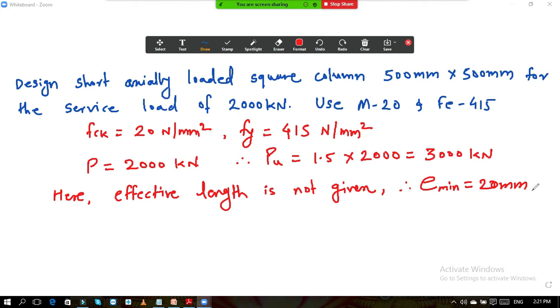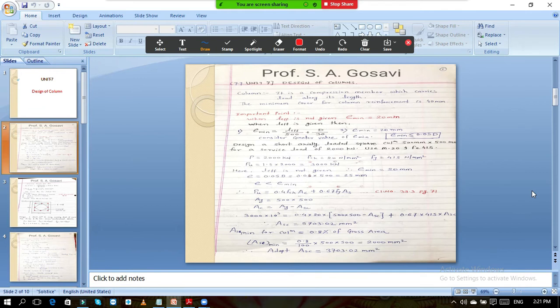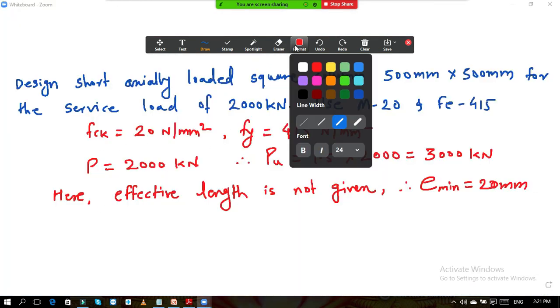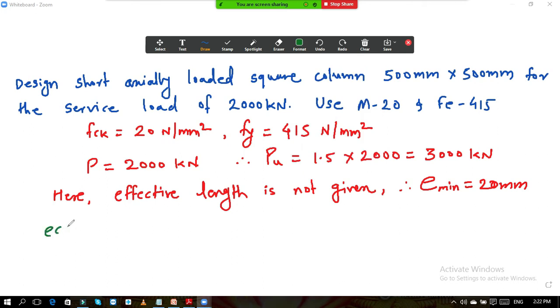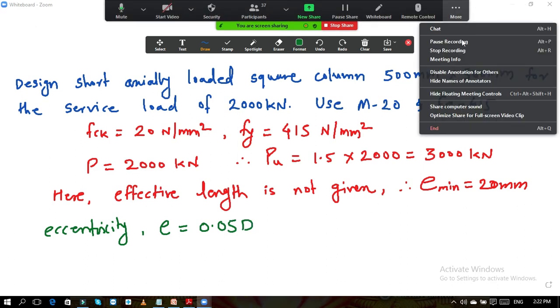And why do we always consider this minimum eccentricity? Because in this world there is no column which is perfectly axially loaded. So there may be some eccentricity. So here we are considering E minimum equal to 20 mm. Now calculate the actual eccentricity E. It can be calculated as 0.05D, clause number 39 point something, which we have already seen.